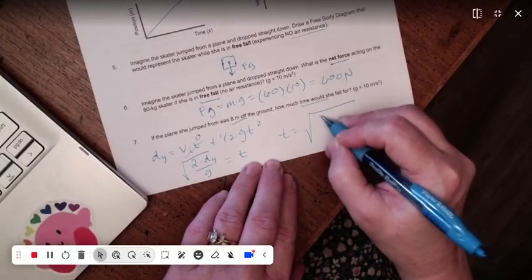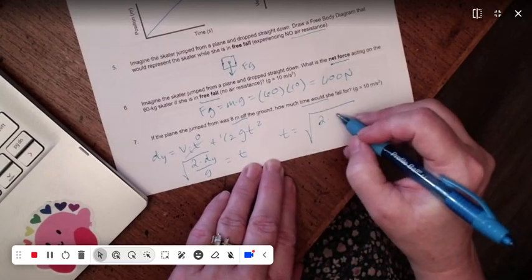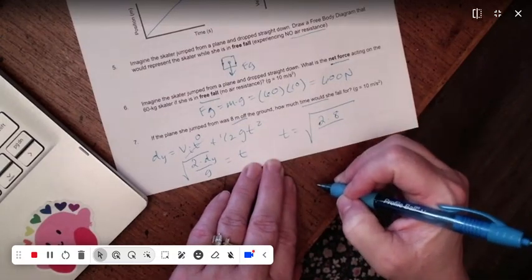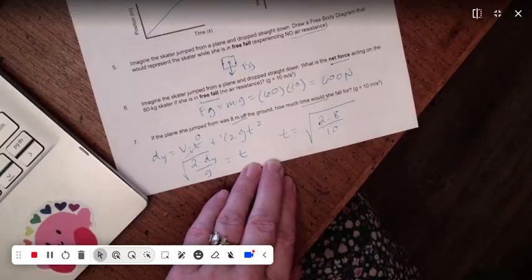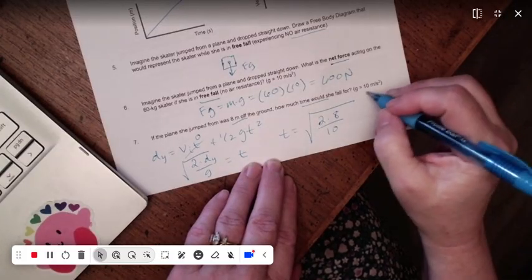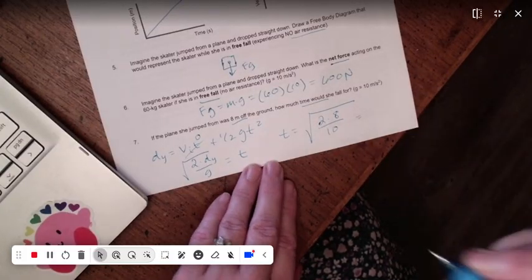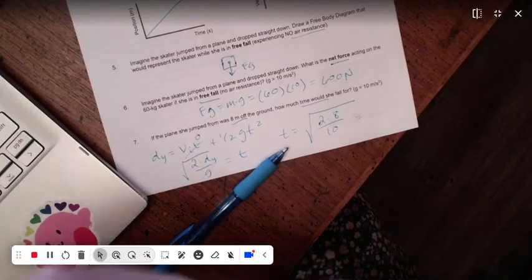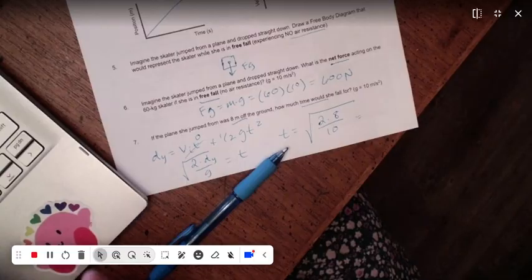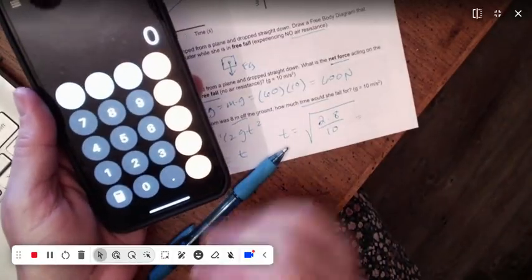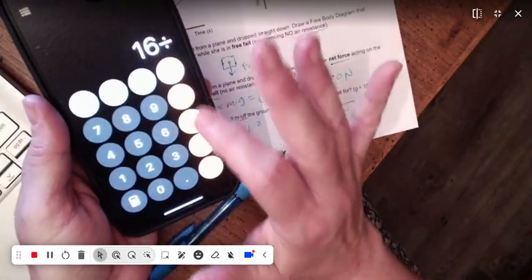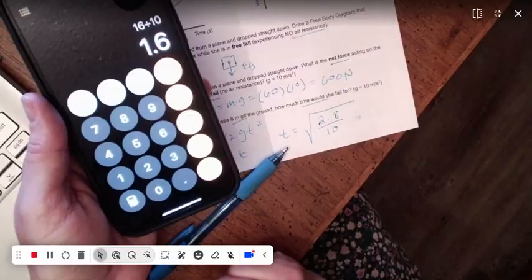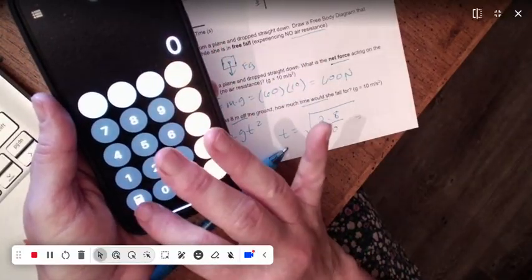So time is 2 times 8, our vertical displacement, divided by 10 to make it easier. I don't have my good calculator here, all I have is my phone. So 2 times 8 is 16, divided by 10 gives me 1.6, and then I need to take the square root of that.